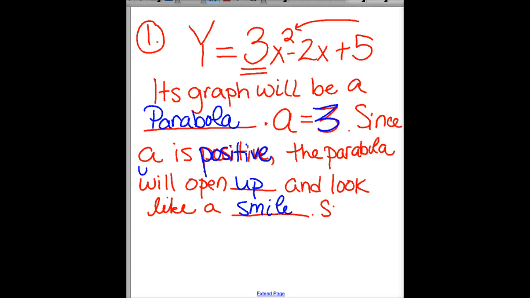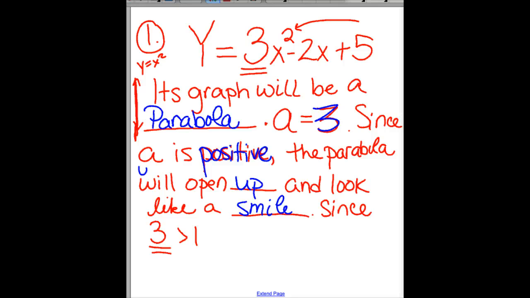Well, let's talk about something else about that 3. Since 3, we're going to compare it to the parent function. Remember, the parent function is y equals x squared. Let's see if we know what that 3 is also going to do to it. It causes it to open up, but since it's bigger than 1, and since y controls this movement, what that 3 also does is it stretches the graph to 3 times its height.